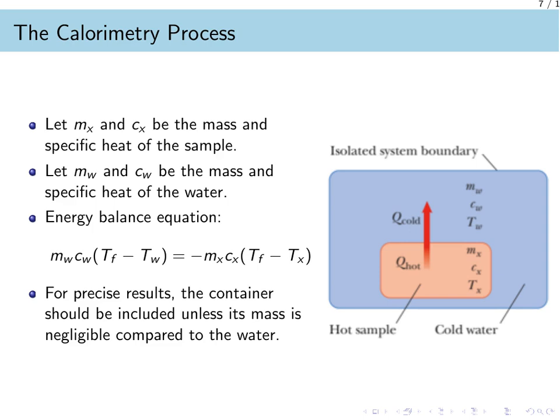The sample's energy change is its mass times its specific heat times the difference between the final temperature and its initial hot temperature. For the most precise results, the container itself should be included in the calculation, unless its mass is small enough to be neglected.